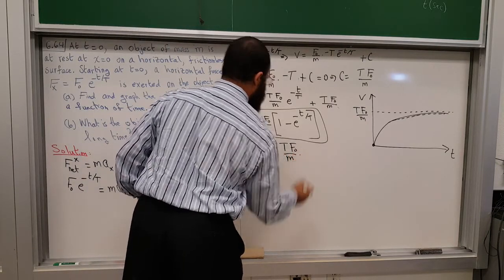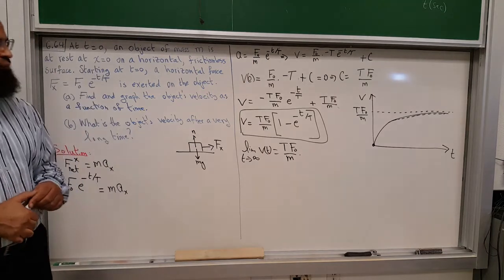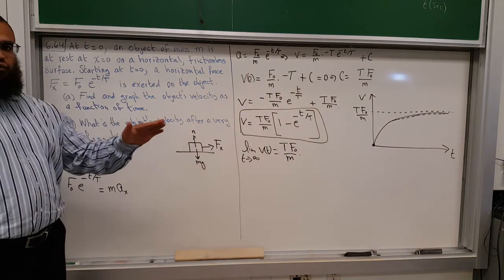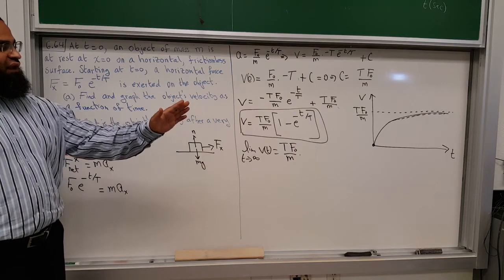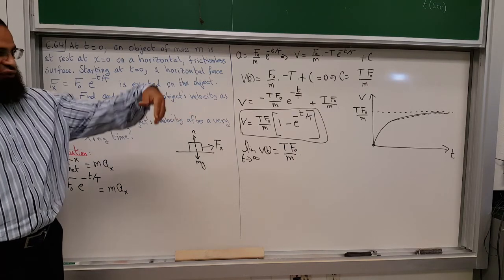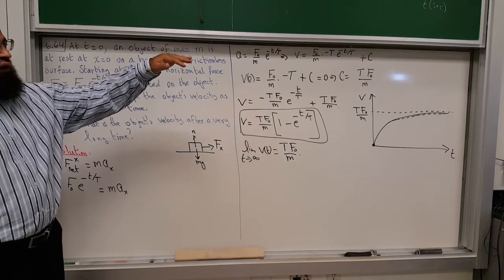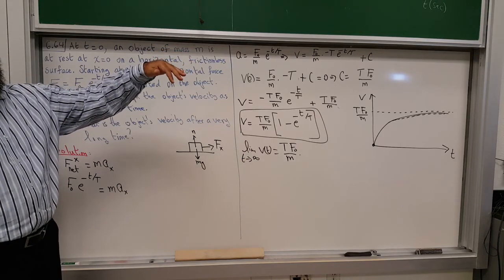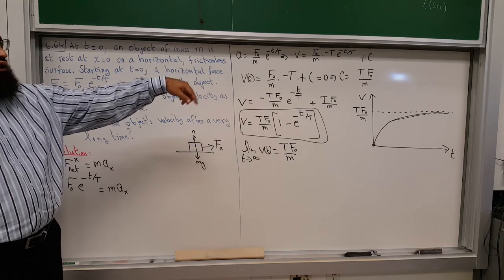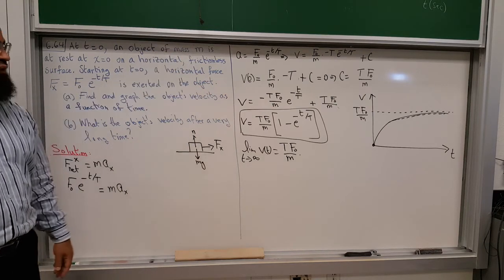If I ask you, what's the object's position after a very long time? That would be infinite, because the object is moving at some speed. That speed starts at 0, but then as the speed increases, the position would go farther and farther. And that speed is not going back to 0. It's just continuing to be constant as t goes to infinity, so the position will be infinite.